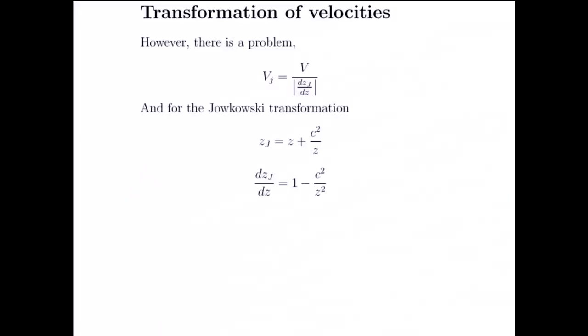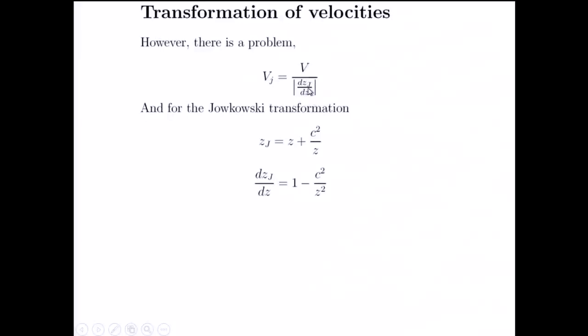Okay, so everything is good so far, but that was just an example of an ellipse. We want to be able to use this for airfoils as well. So there's actually a problem if we take a closer look at this gradient. When we want to calculate Vj, it equals V divided by this term, the gradient.